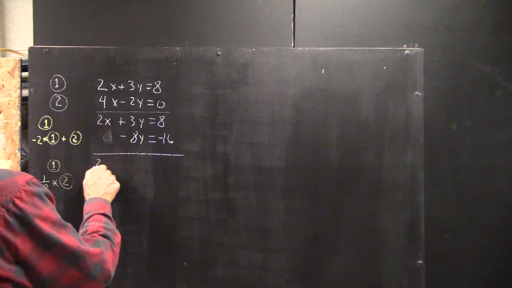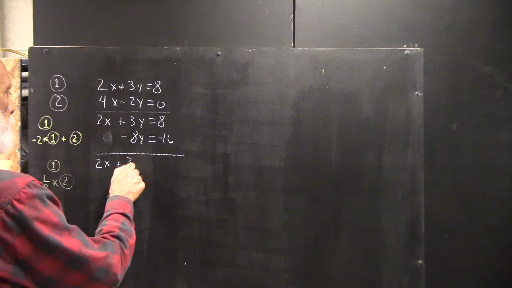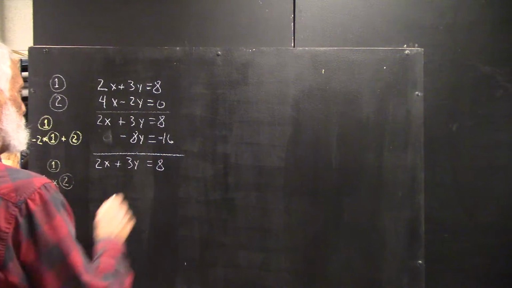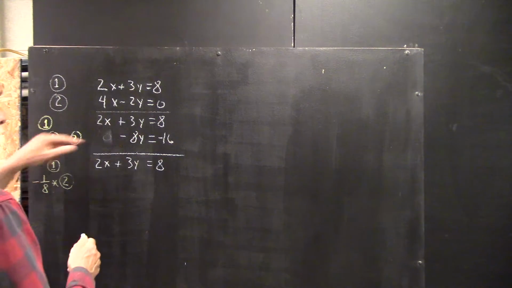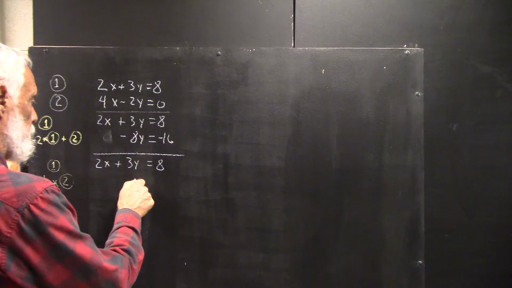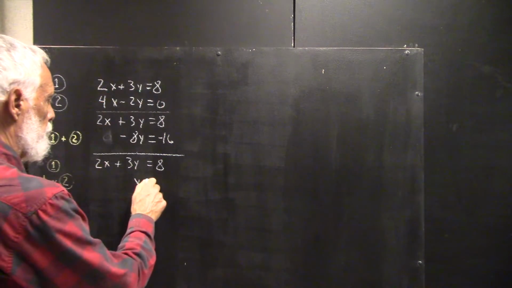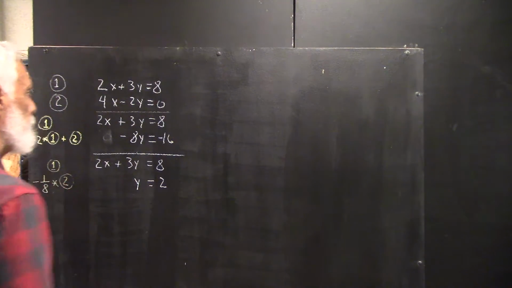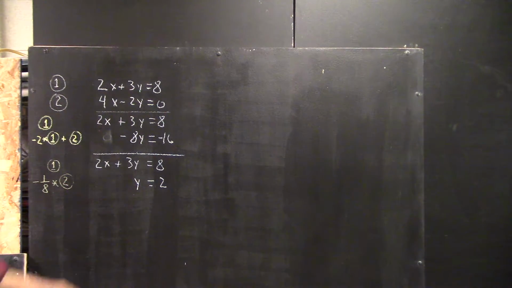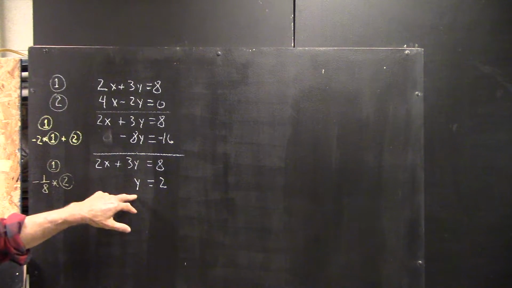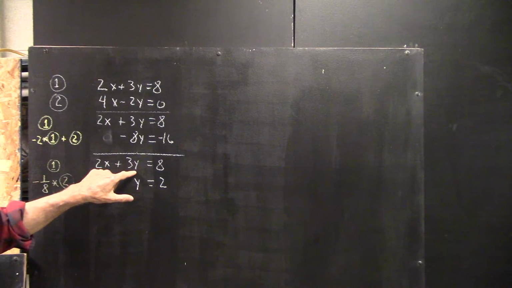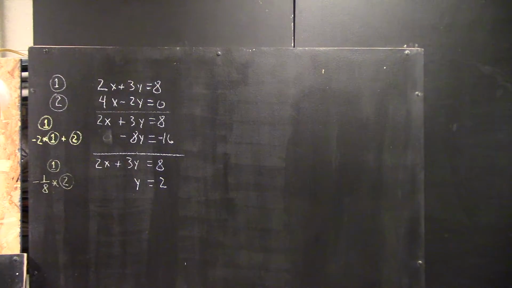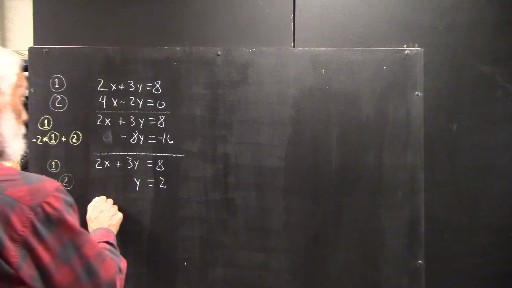Okay, I'm going to repeat the first equation, 2x plus 3y equals 8. And then negative 1/8 times the second equation, negative 1/8 of negative 8y gives me y. Negative 1/8 of negative 16 is 2. So now I've got y equals 2. Still upper triangular form, but I've got a coefficient of 1 in front of y, so I could just take this value of y, plug it in here, solve for x, just like I said before.